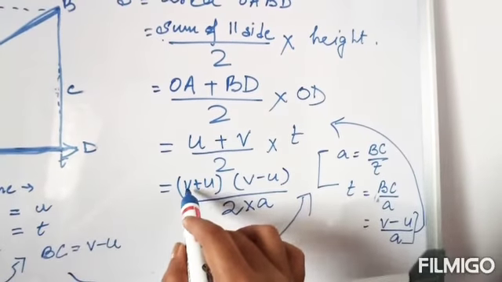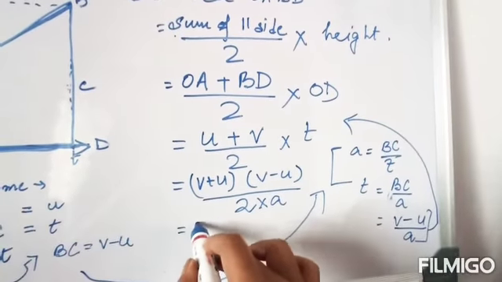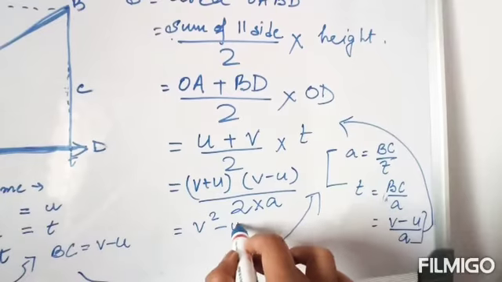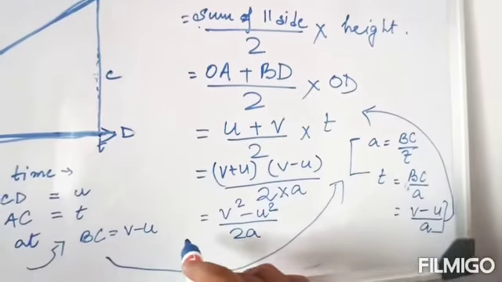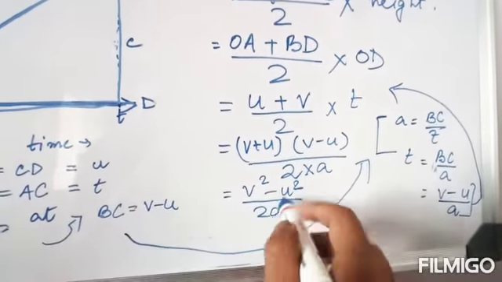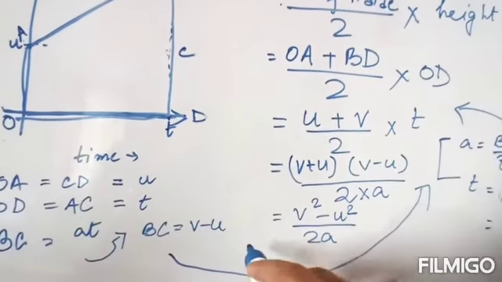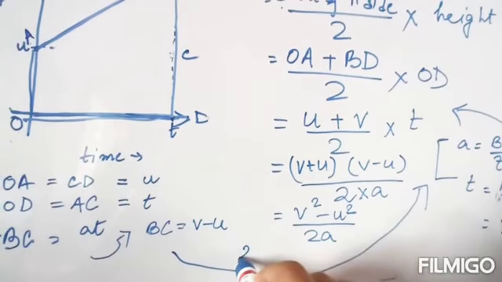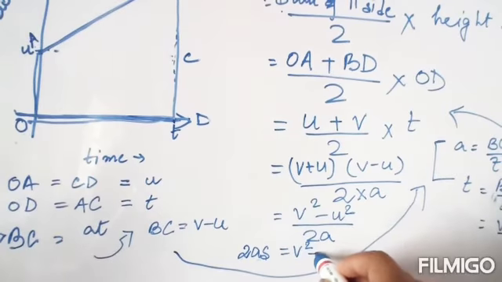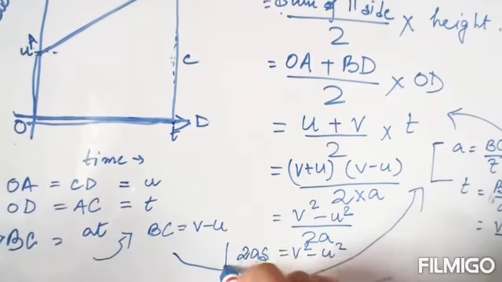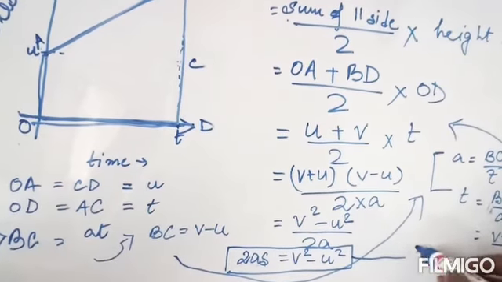So from here you can see V plus U, V minus U, which means a square minus b square formula. So we can say V square minus U square by 2A. Which means if I multiply by 2A to make it a linear equation, 2AS is equal to V square minus U square, and hence we have got the third equation of motion.